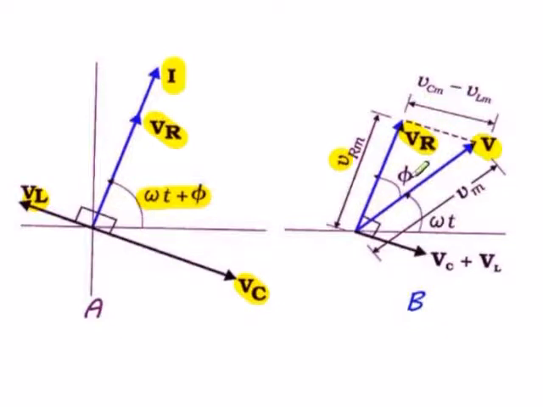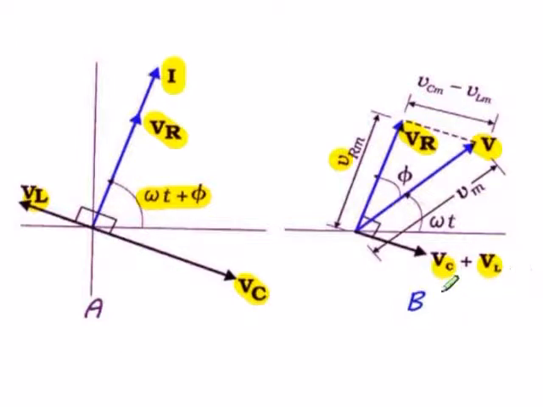So this is VR, this is V total, or V of the entire circuit. As you can see, you have to add VC and VL vectorially, taking into account that the directions are opposite. Therefore, VC plus VL will be the net voltage across the inductor capacitor combination.